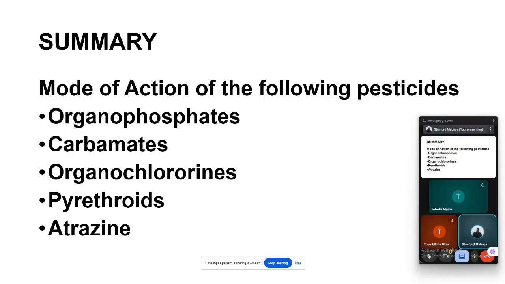But what we should note is that once a pesticide enters an organism or a pest, there are some biochemical reactions which can take place, which can lead to problems in the pest. And of course, the pest will eventually die. So I will stop the presentation at this point.